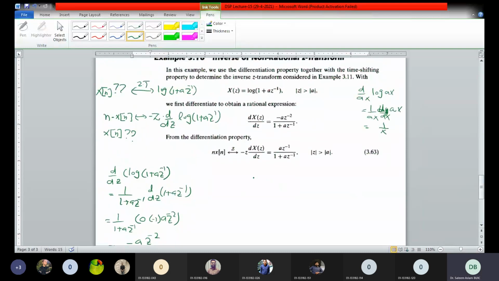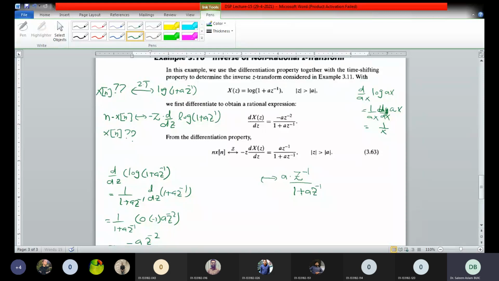Now what you need to do is find the equivalent inverse of this one. So anyone help me: a z inverse over 1 plus a z inverse.